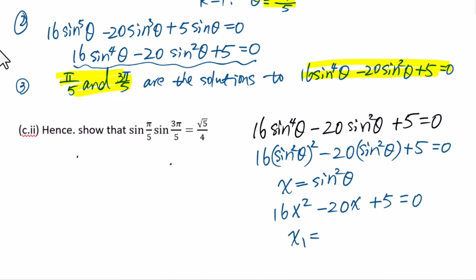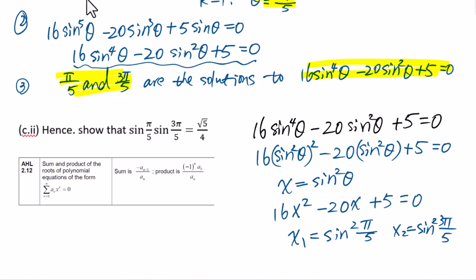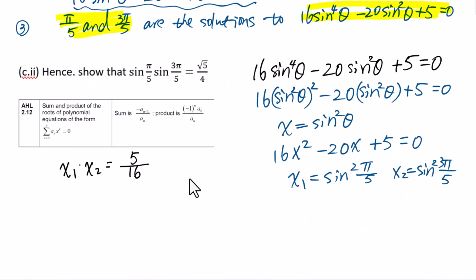The roots are sin^2(π/5) and sin^2(3π/5). Let's use this theorem: x1 times x2 equals 5/16, which means sin^2(π/5) times sin^2(3π/5) equals 5/16.